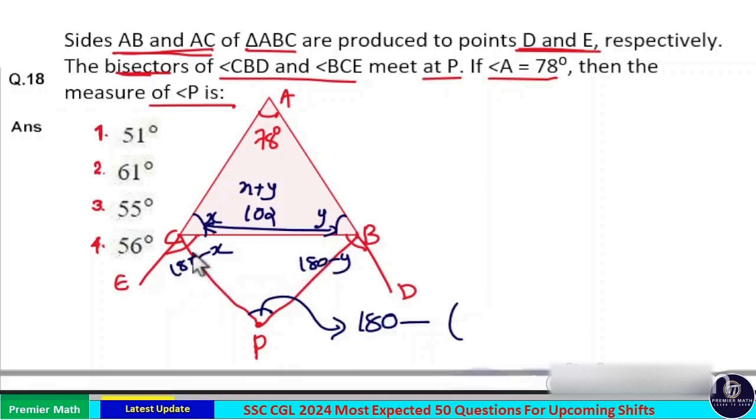Sum of other two angles means this whole angle is 180 minus X. So this divides equally by this bisector. So inside angle is equal to (180 minus X) by 2. Here this is equal to (180 minus Y) by 2 because these two are bisectors.